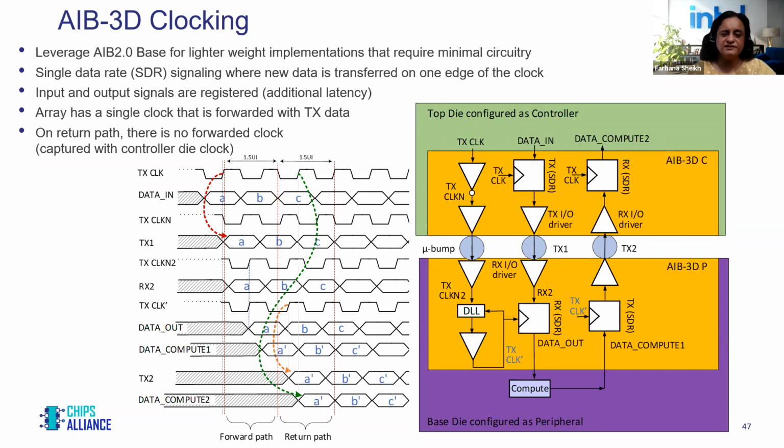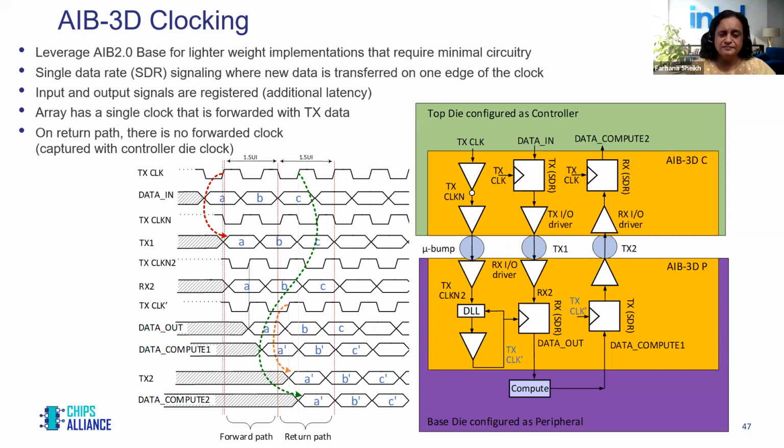You can see that the TX clock is sent through to the base die 180 degrees out of phase. As it is received onto the base die, which is the peripheral die, a DLL is used for phase alignment so that the clock is edge aligned.